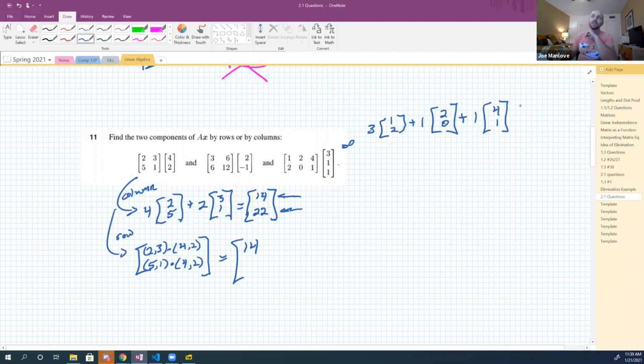And then the top things are going to be our first component, and the bottom things are going to be our second. If I wanted to know how big this thing was going to be beforehand, that's 2 rows by 3 columns and 3 rows by 1 column. Those mean I can execute this, and then the outside gives me the result. So whatever this is going to be, it's going to be a 2 by 1 vector.